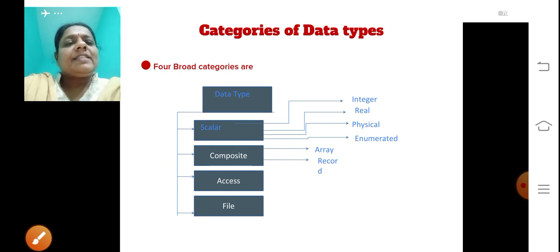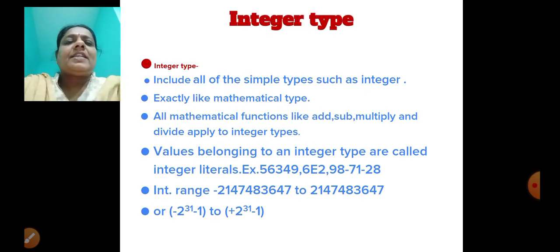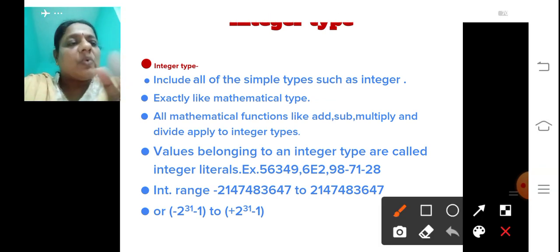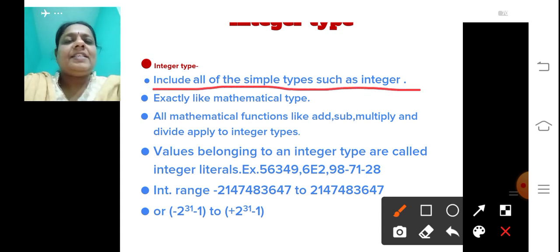Let us study in this video the integer, real and physical data types. What are the integer types? All of us know integers: they are the whole numbers. It includes all the simple types such as the integer, exactly the same as the mathematical type.